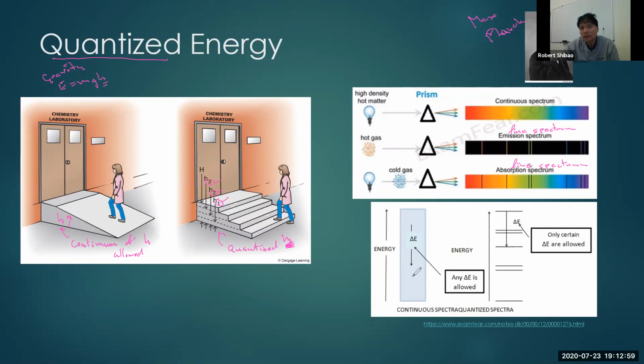This would be like a continuum of energies that are allowed, and anything in this gray zone is allowed, versus quantized, where we have these steps, and in between the steps is forbidden.